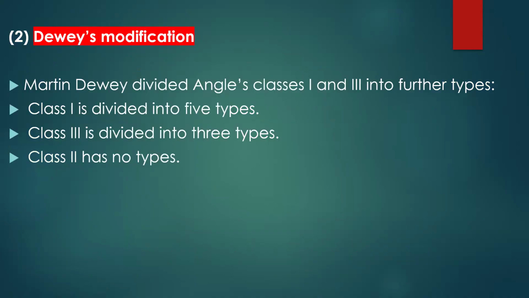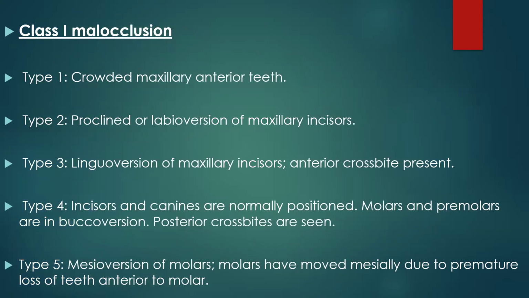Dewey's modification. Dewey modified Angle's class 1 and class 3 into further types. Class 1 divided into 5 different types and class 3 into 3 different types. Class 1, type 1: crowding of the maxillary anteriors. Type 2: proclination of maxillary anteriors.